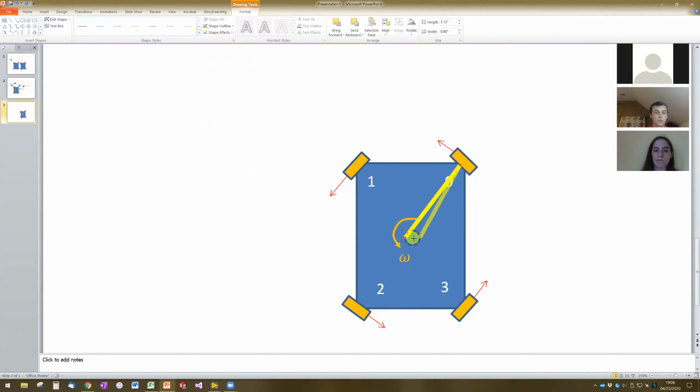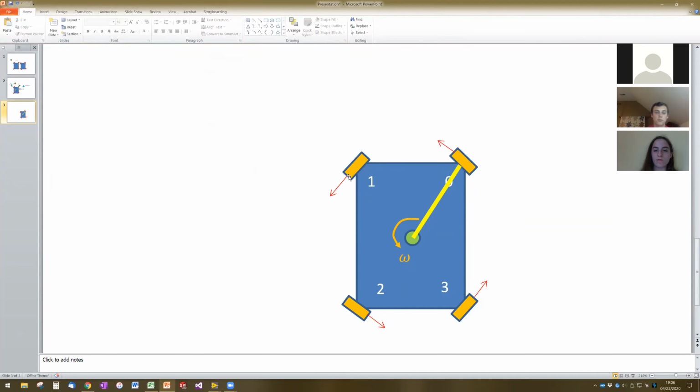And we're going to call that radius capital R, since we're using lowercase r for the rotation vector. So our angular velocity is going to depend upon this velocity vector, both its magnitude, how fast you're spinning the wheel, and also its direction. And it's going to care about the distance from the center of rotation out to this vector location.